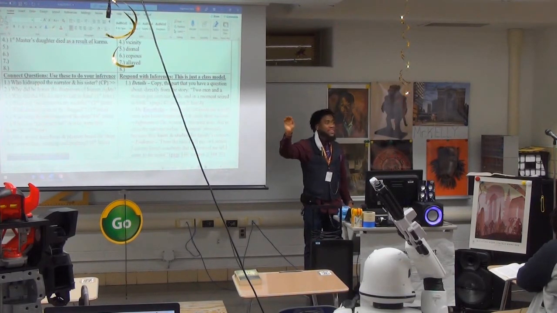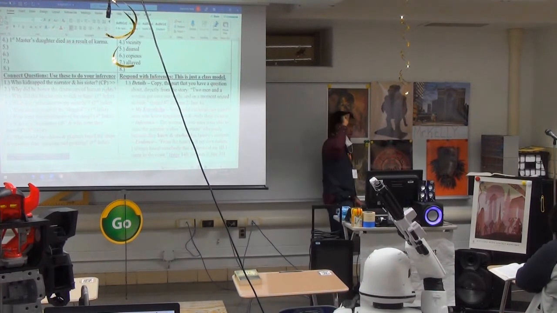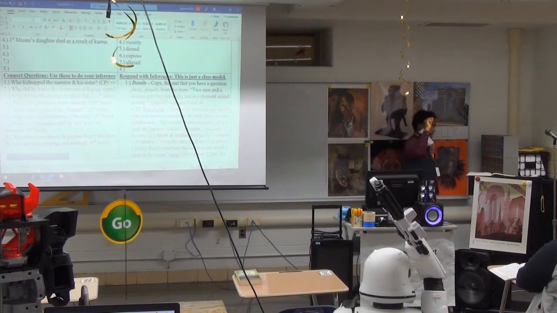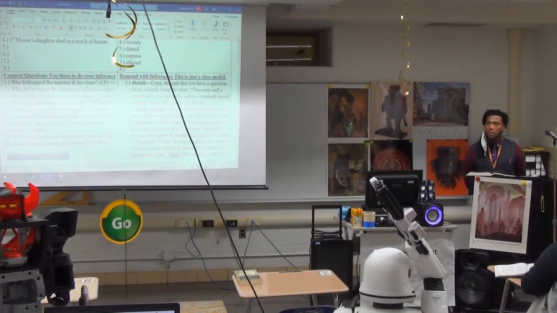So that would be the facts and the details for our inference formula. What is the area of uncertainty that brought about this question? Remember, we take it directly from the text.